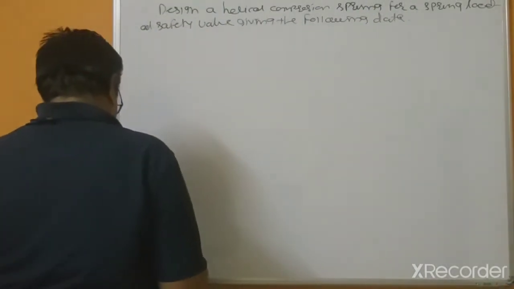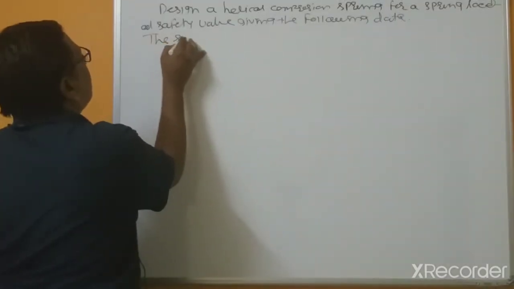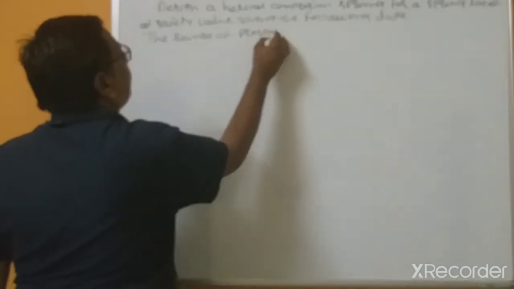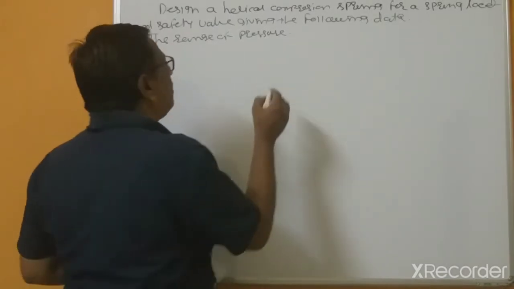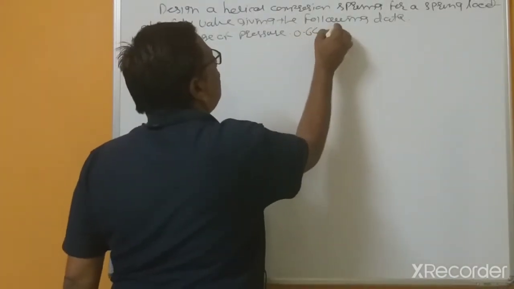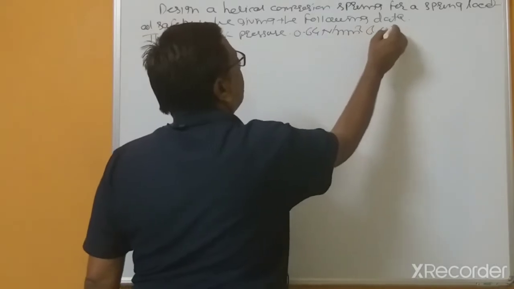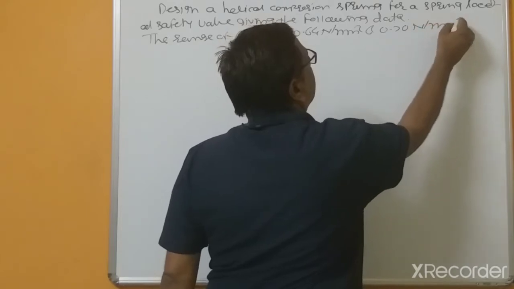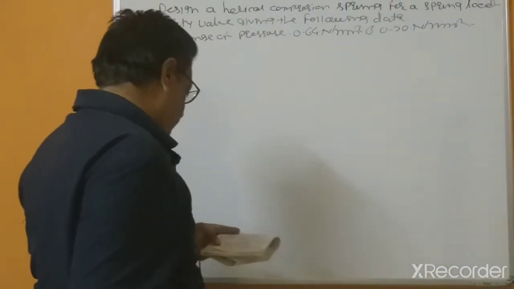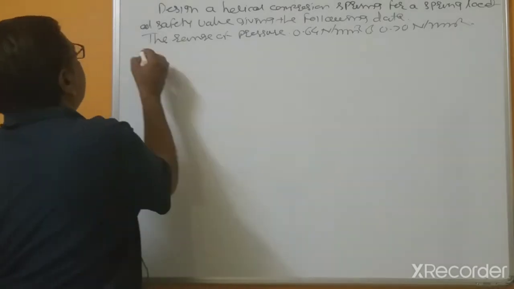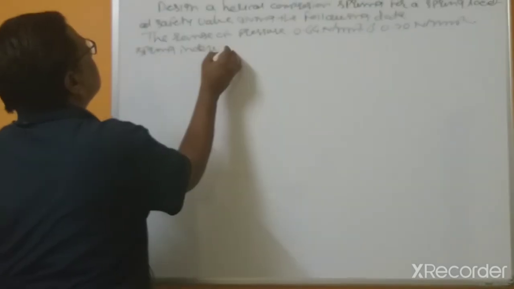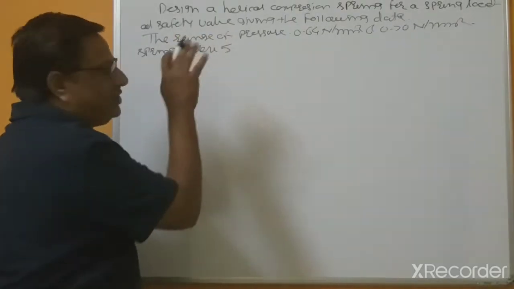The range of pressure is 0.64 Newton per mm squared and 0.70 Newton per mm squared. Spring index 5.